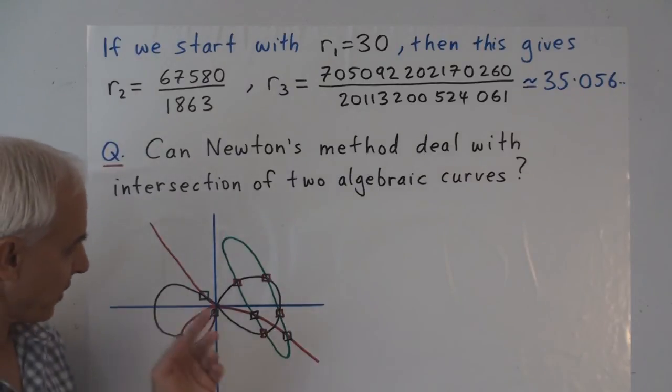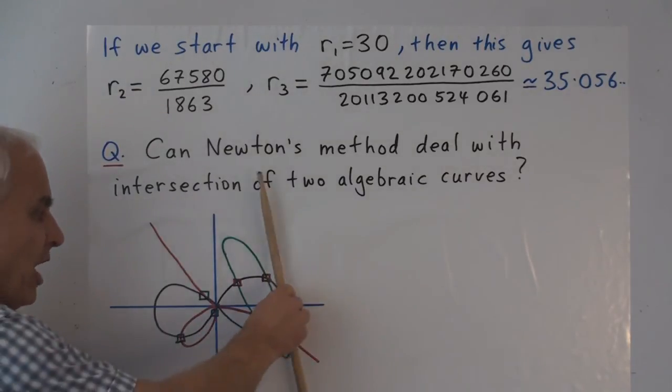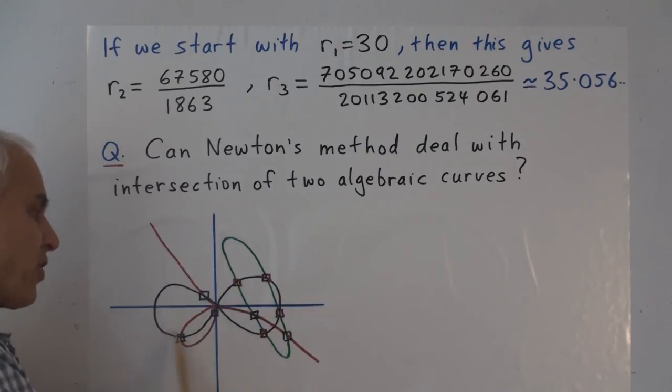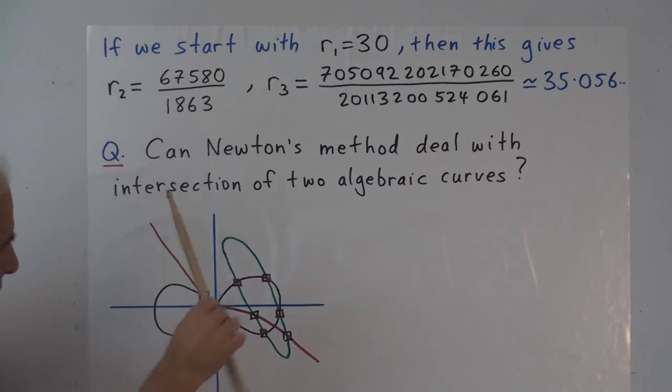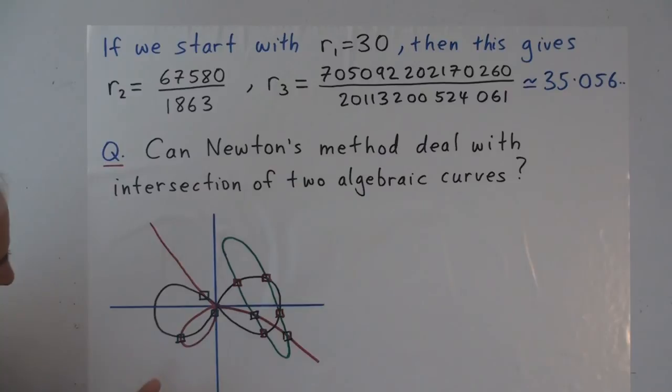However, it is true that we can calculate tangent lines to these algebraic curves at any old point that we like. We know how to do that. So maybe we can still exploit the fact that we can compute tangent lines to somehow apply or generalize Newton's method to this situation.